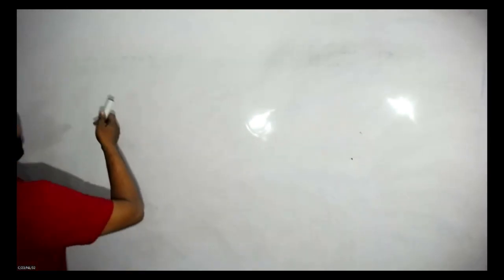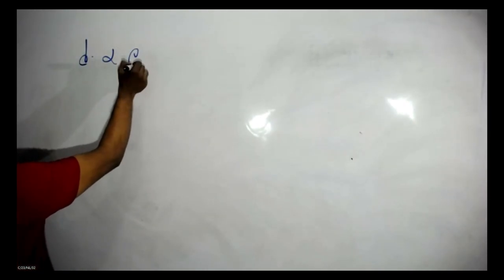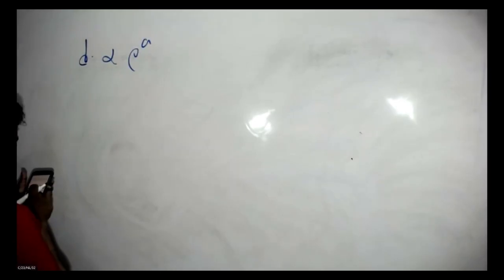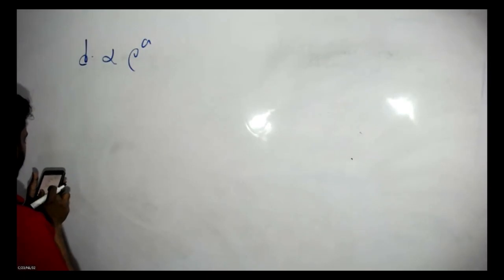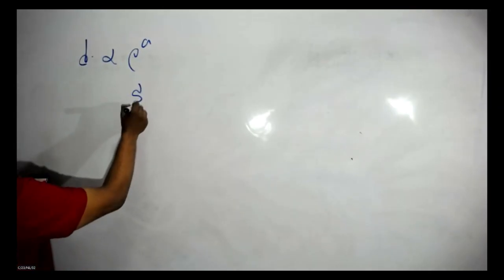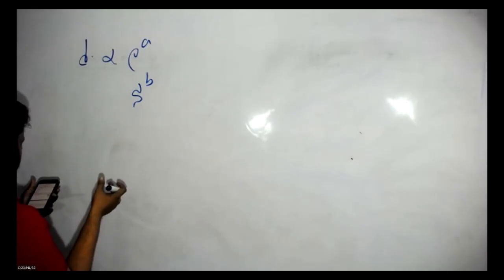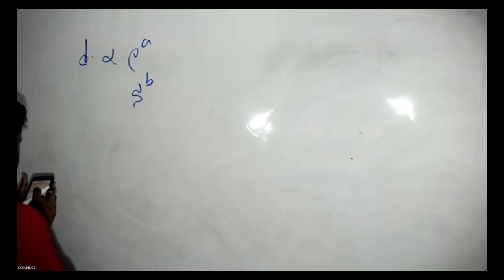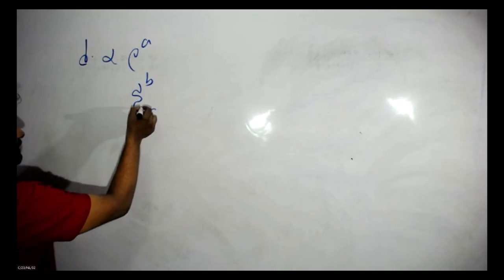density rho. Let's say distance is d, depends on the density rho, then rho to the power a. Rho of the fog, and intensity, power over area, s to the power b, intensity of the light, and its frequency f, frequency to the power c.